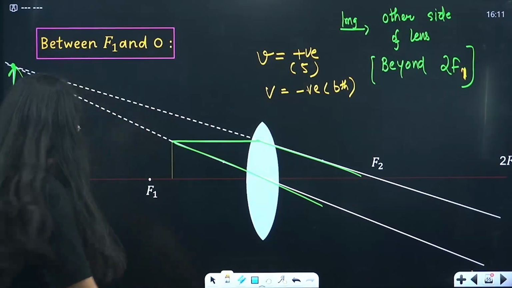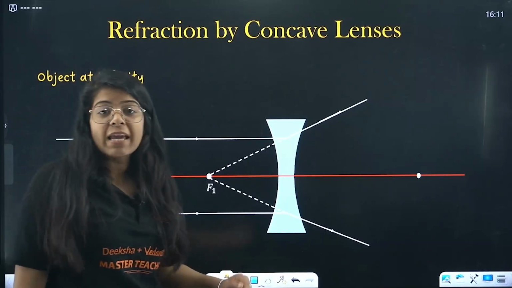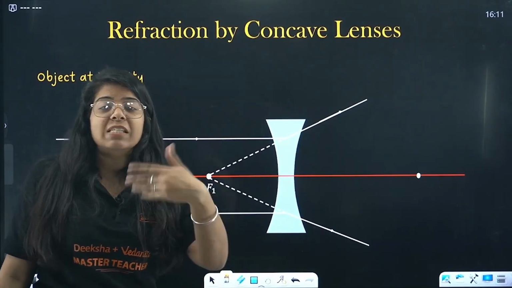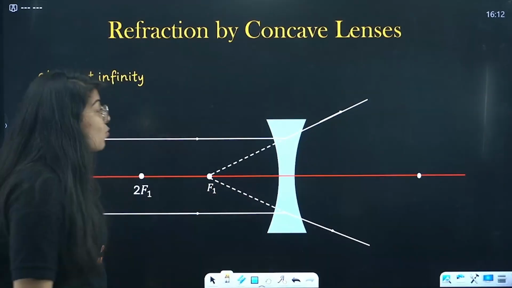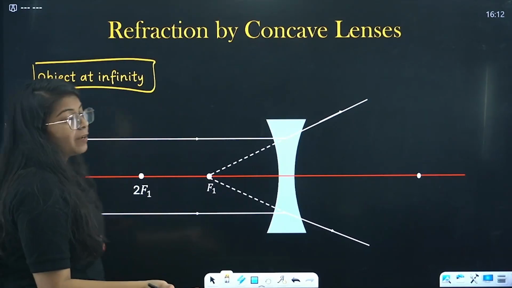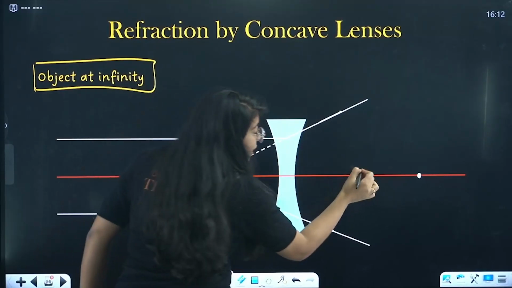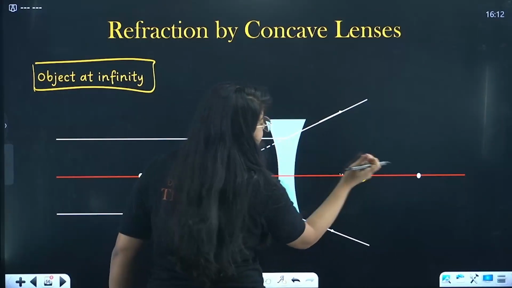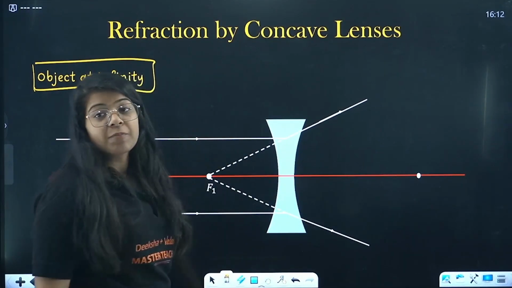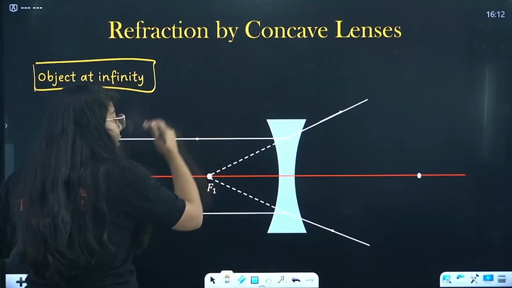Okay, then beta, we have the next instrument, that is your concave lens. Concave lens is similar to convex mirror. Convex mirror had 2 cases. First, when the object was at infinity, the image was formed at focus. The only difference is the image was formed on the right hand side in the convex mirror, but in concave lens, it is formed on the left hand side.